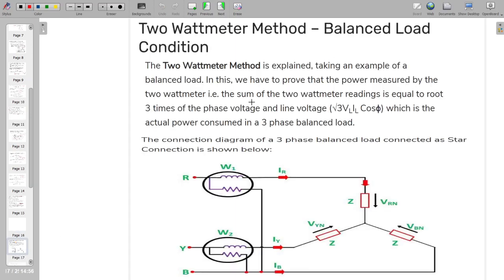So now move on to the 2 wattmeter method for the balanced load. The 2 wattmeter method is explained taking an example of a balanced load.